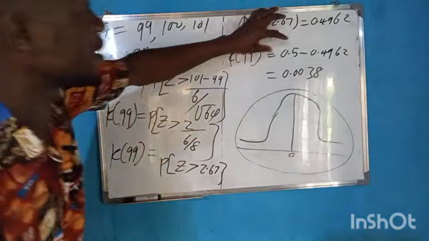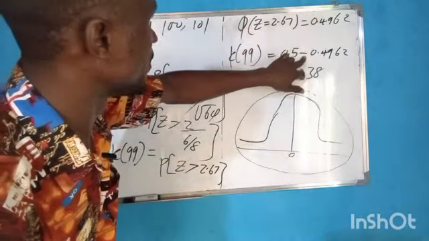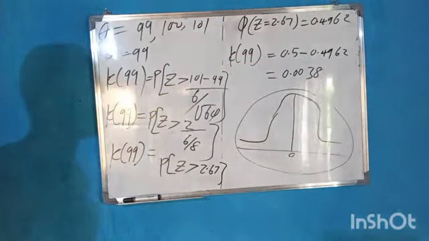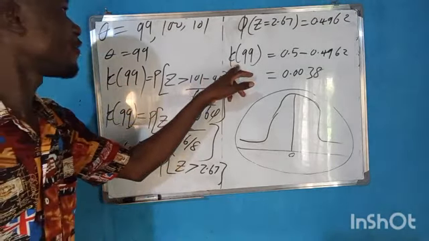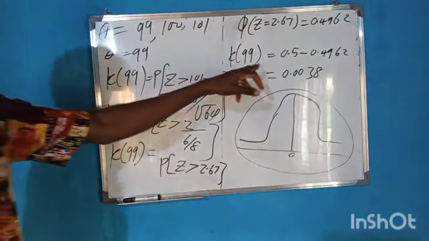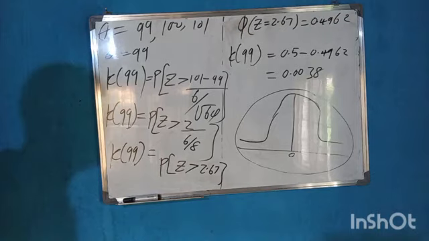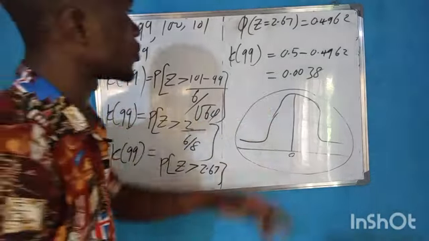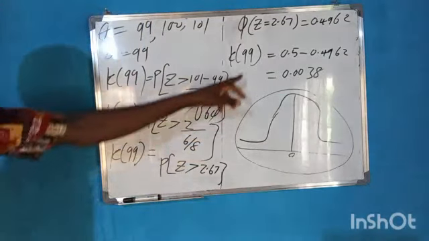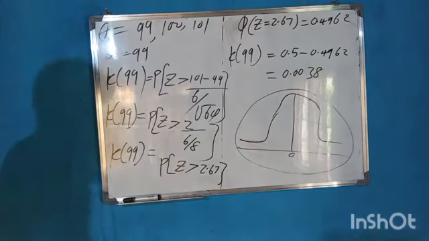That's why I used subtraction here. So K of 99, which is 0.5 minus this, is equal to 0.0038. This value is called the power of the test at this parameter point, which is 99.